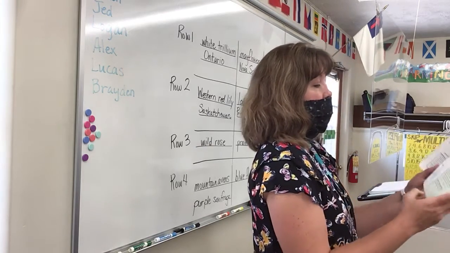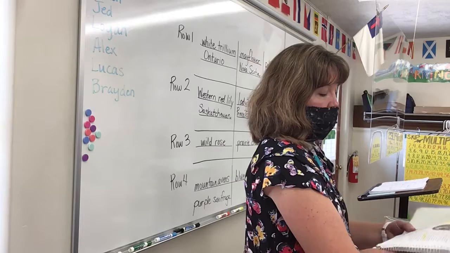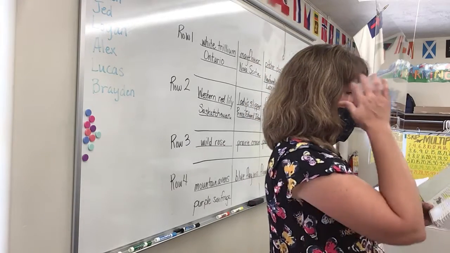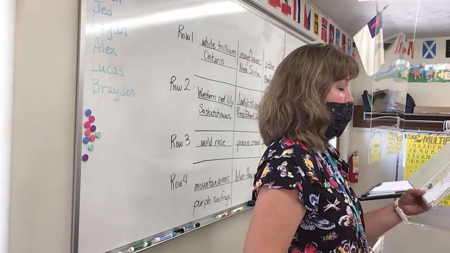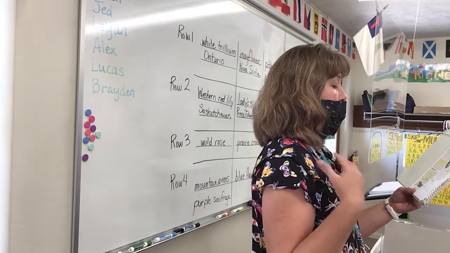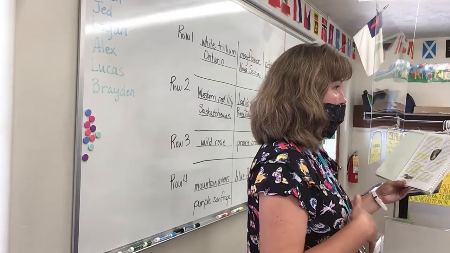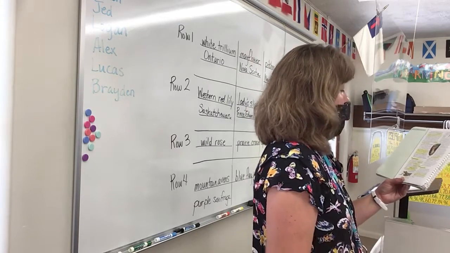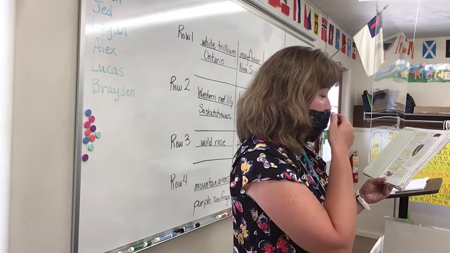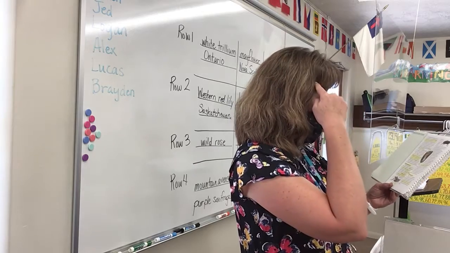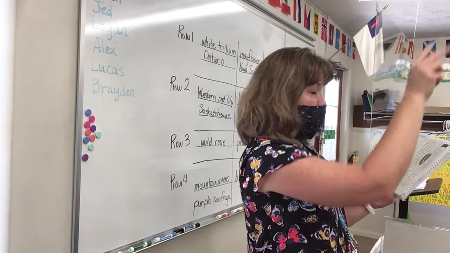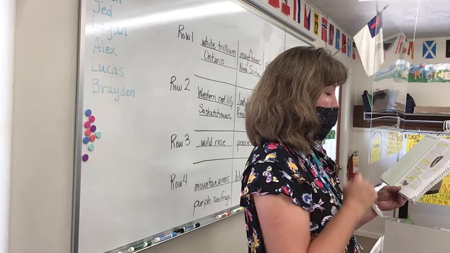So let's briefly talk about the three body parts. All insects have three body parts: a head, a thorax, and then their abdomen. The head contains the insect's brain, antennae, eyes, and mouth parts.